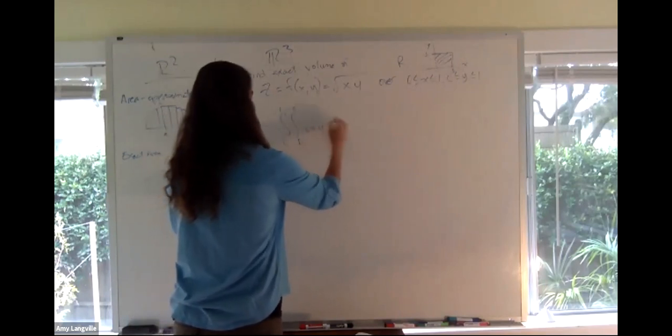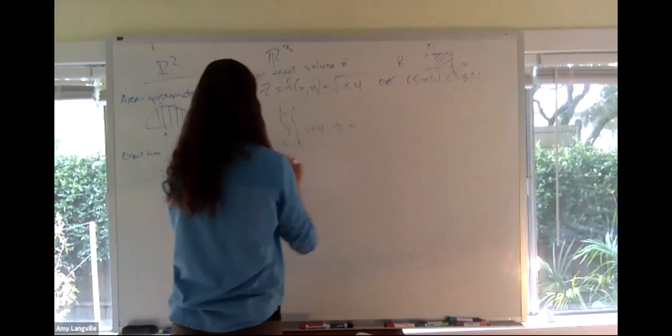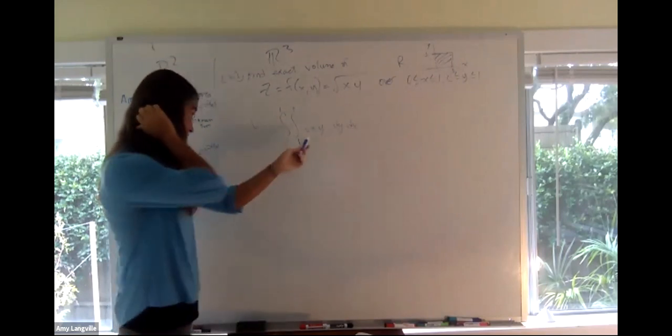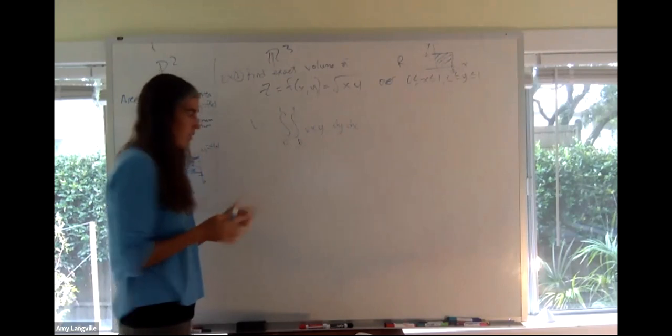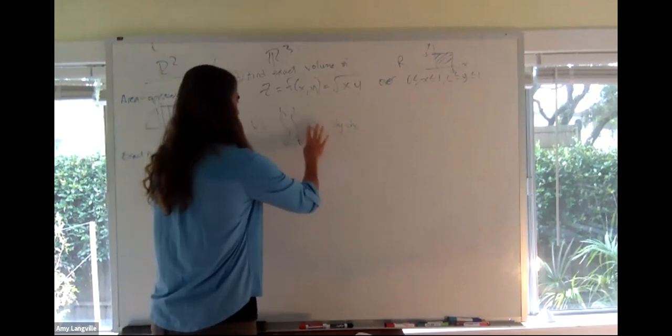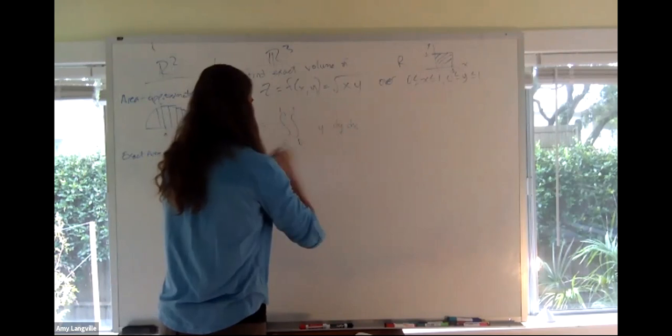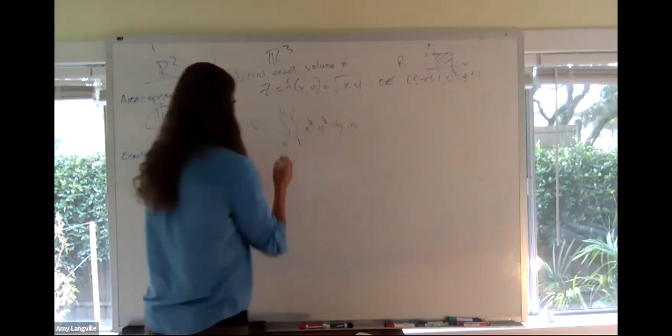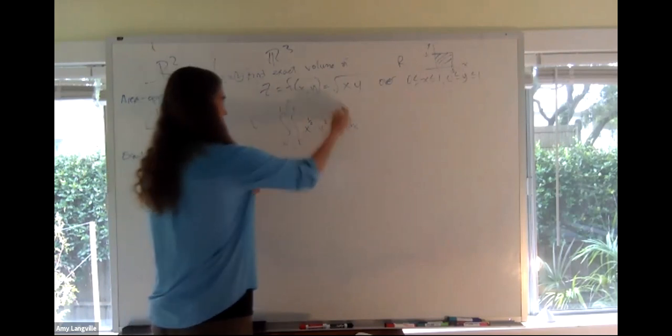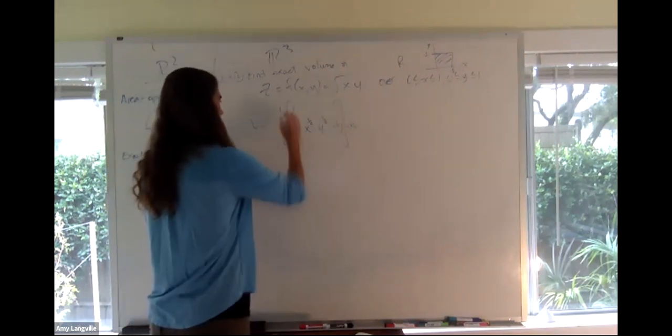Square root of xy, dy, dx. It's going to help us if we get rid of the square root. Well, that's really x to the 1/2 times y to the 1/2. Again, I'm going to work it from the inside out. These were y limits.